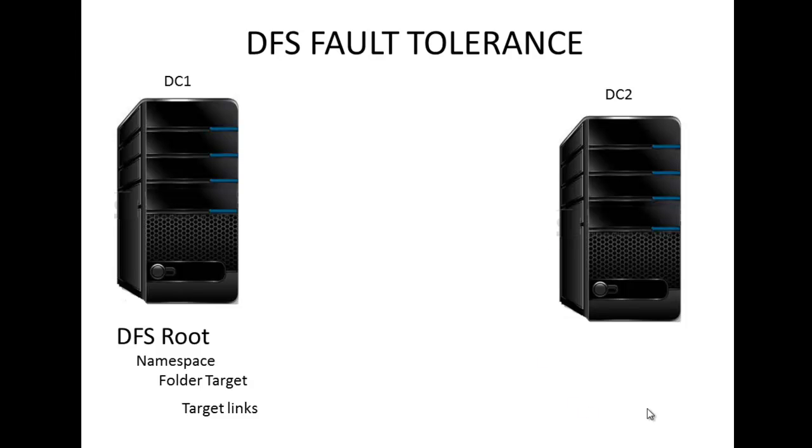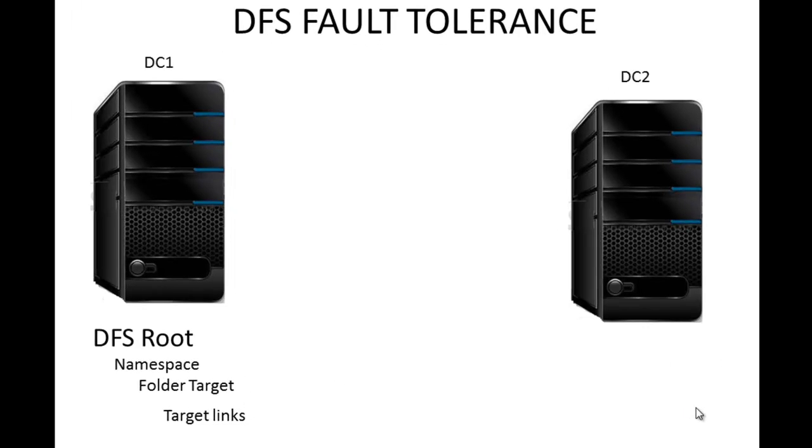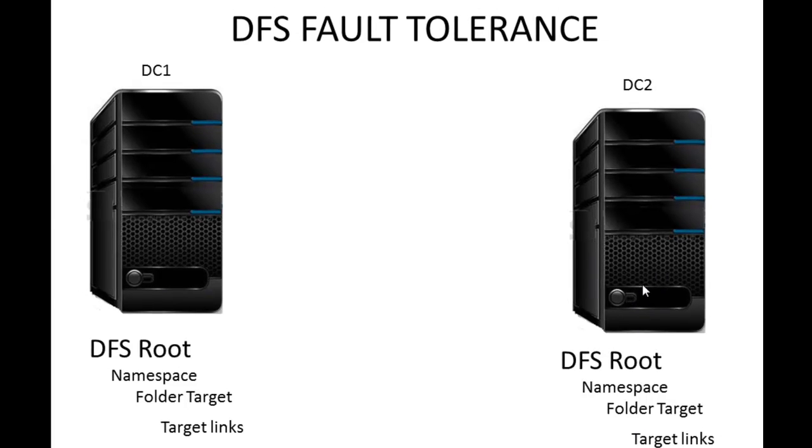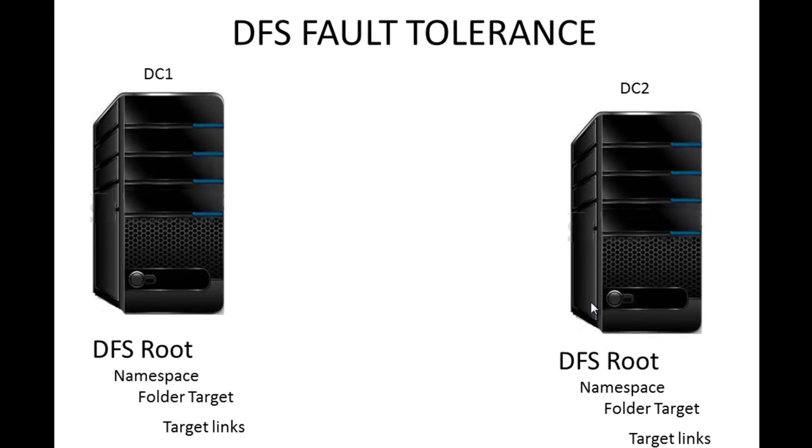So we need to have the DFS root, the namespace, and the folder targets over on DC2. Once we have the folder target on DC2, then we can right click on that folder target and connect it to the shared folders so that we also have those target links on DC2.